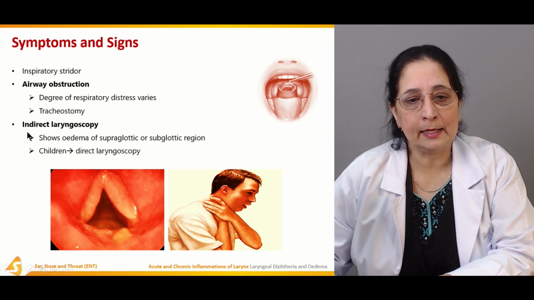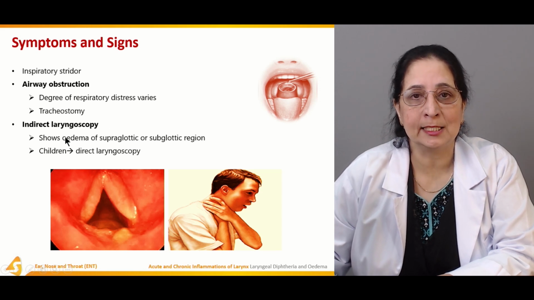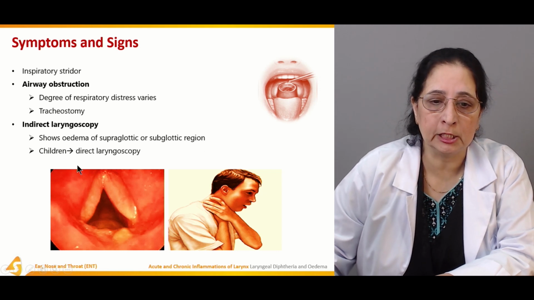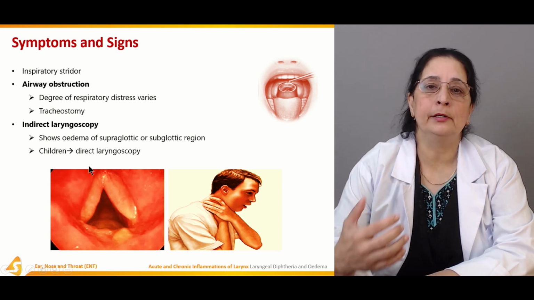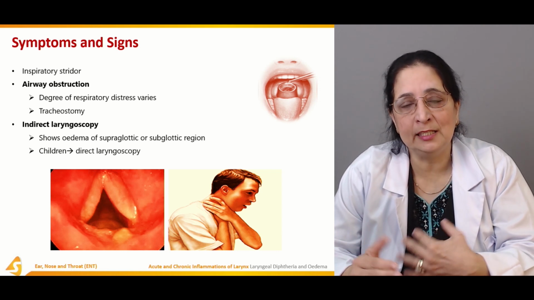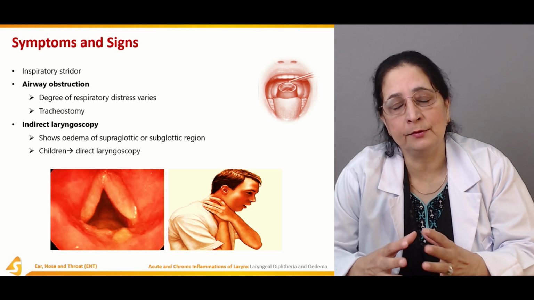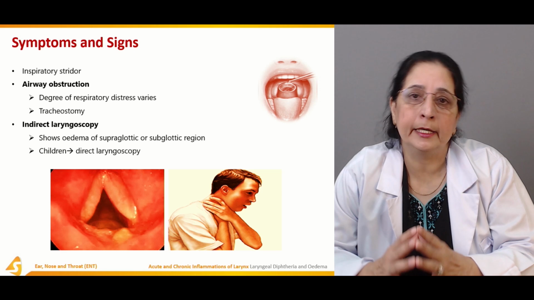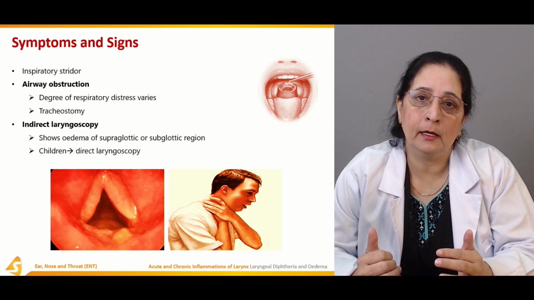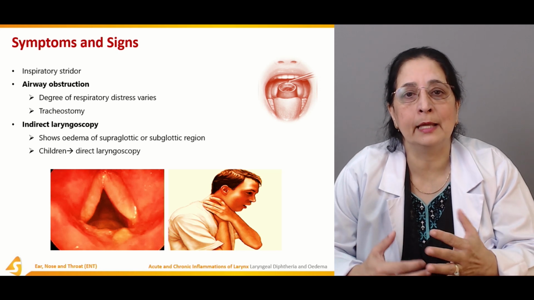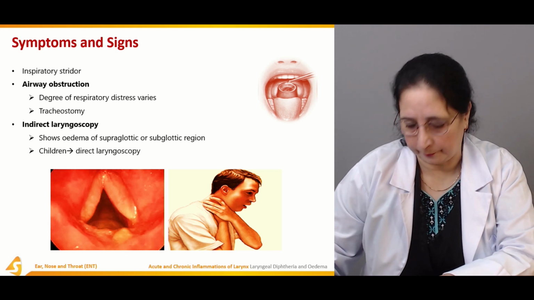Indirect laryngoscopy shows edema of the supraglottic or subglottic region. In children usually they are not very cooperative, so indirect laryngoscopy is not usually done, and direct laryngoscopy is performed.